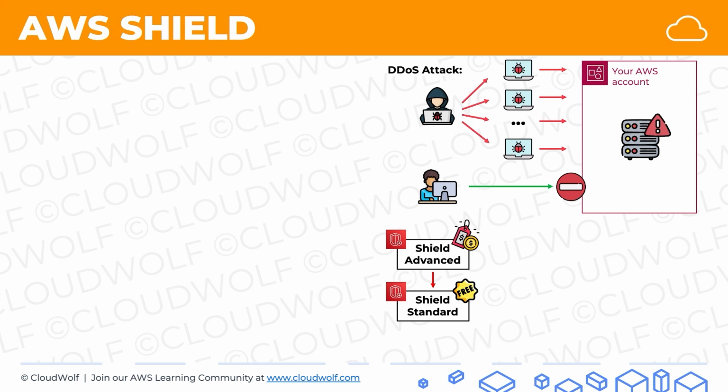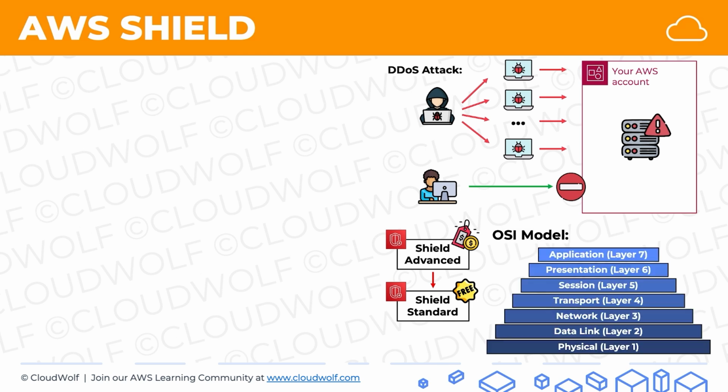They have a special team for this, called the DRT, DDoS Response Team. They will help guide you if you're experiencing a high severity attack. Also, the Advanced plan protects you if you incur excess costs during a DDoS attack, as AWS won't charge you for those excess costs that are a result of a DDoS attack. Also important to remember for the exam.